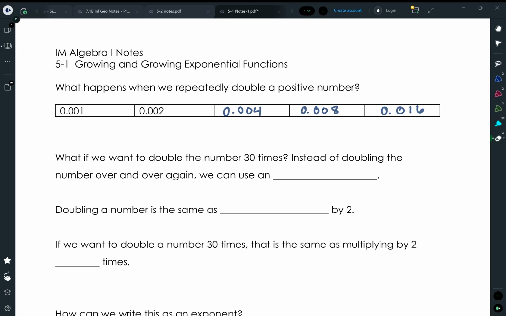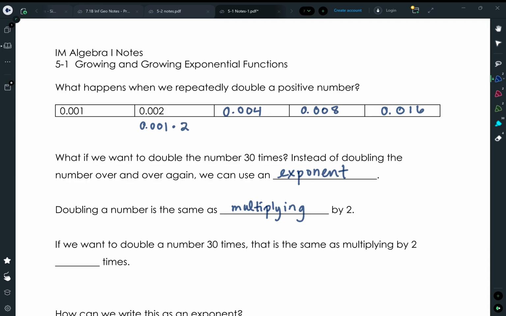Instead of doubling the number over and over again, we can use an exponent. So I'm going to go ahead and write exponent in here. Doubling a number is the same as multiplying by 2. So if I'm looking at my first thing in this table, 0.002, I took the 0.001 and I multiplied it by 2.